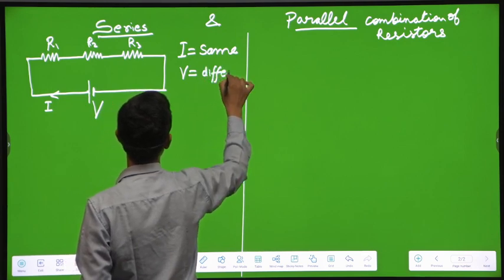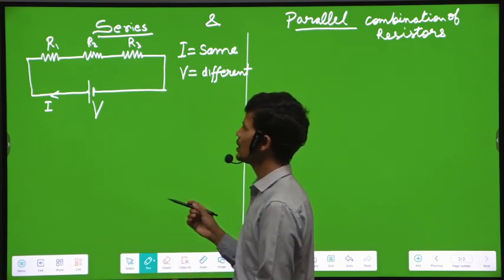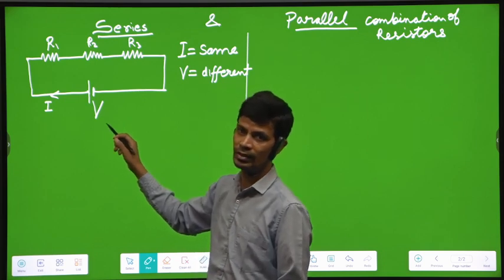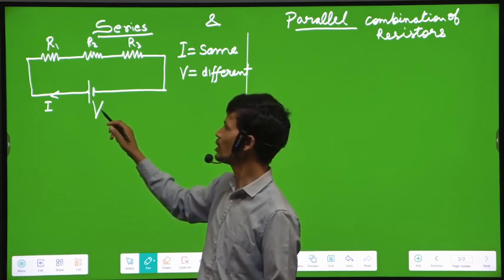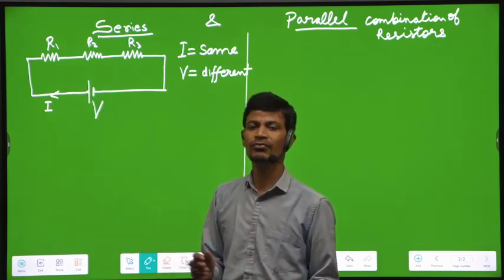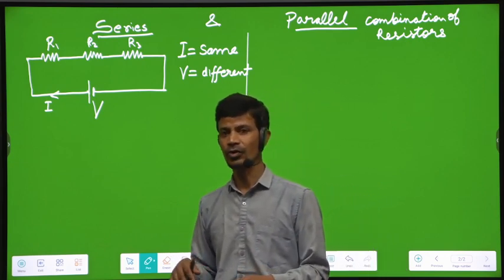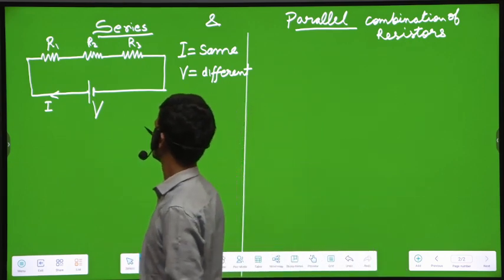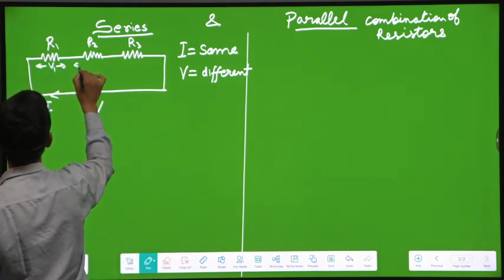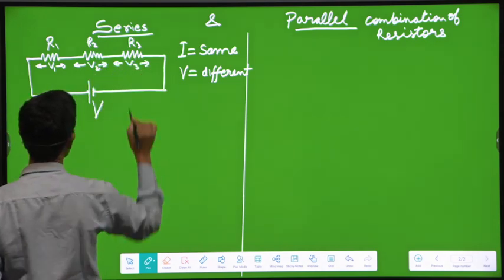It is not mandatory that it will be different, but first thing, it is different from the source voltage. If there is 10 volt, this resistor cannot have 10 volt across it. It will consume less than 10 volt. So let us suppose the potential difference across each component is V1, V2 and V3 respectively.